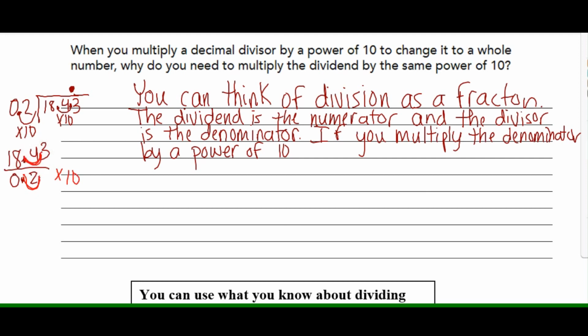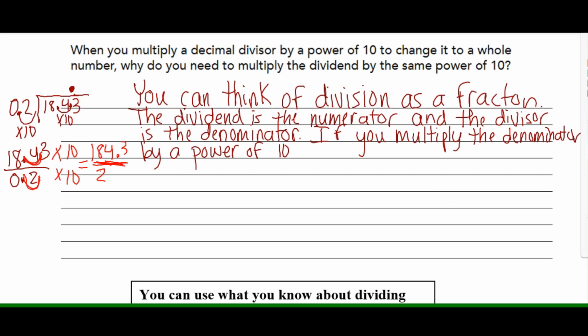So our new decimal point is going to be in a new spot. So we multiply by the same 10, which is 10 to the first power. So that's going to make our divisor a whole number, which is 2 now. And our numerator is going to be 184 and 3/10 instead of 18 and 43/100.